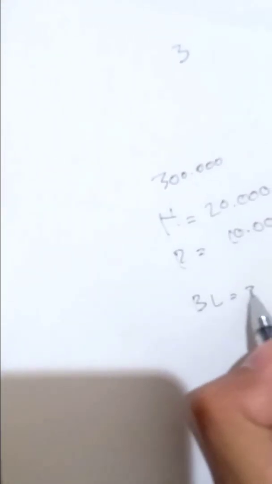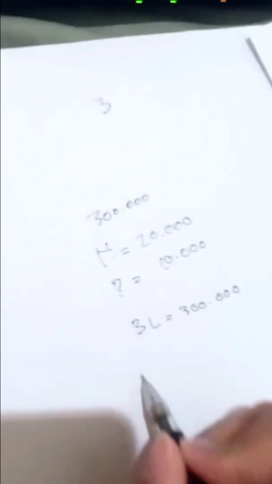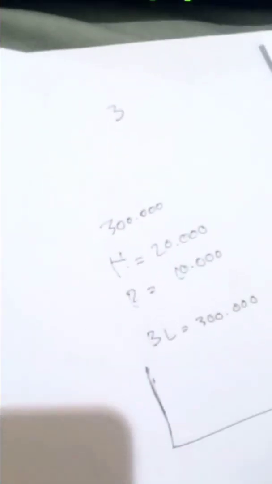Explain briefly. Okay, I will draw the budget line. As we know, the budget line is 300,000 rupiah, and we'll make the curve.